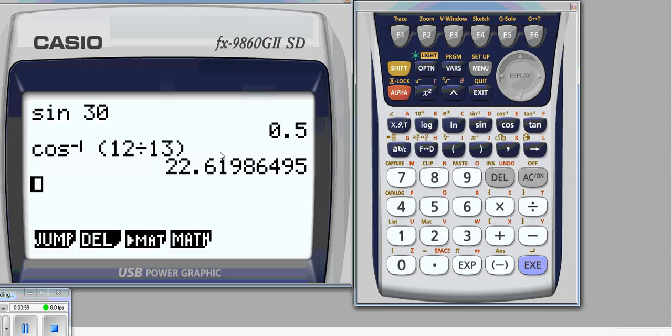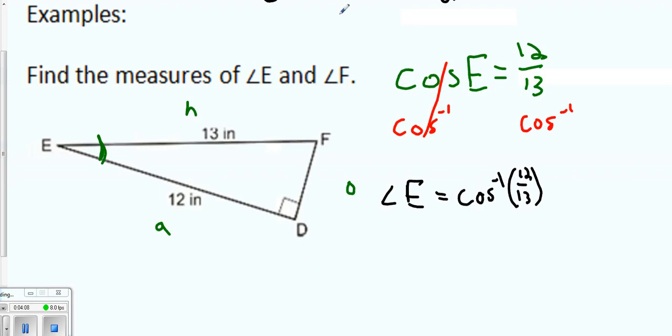Just round it to 22.6. Always just round it to the nearest tenth. So we would come back and say, okay, angle E equals 22.6 degrees. We found the exact measure, well, a rounded measure of angle E without having to use a protractor to measure it.